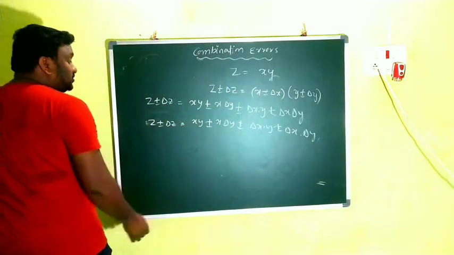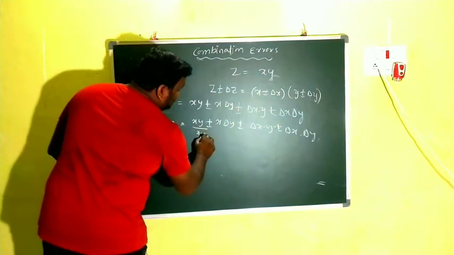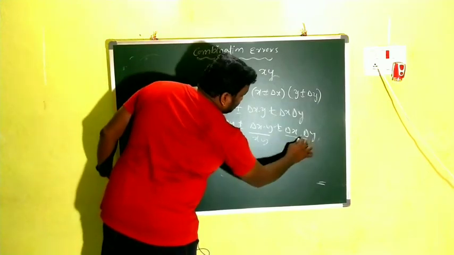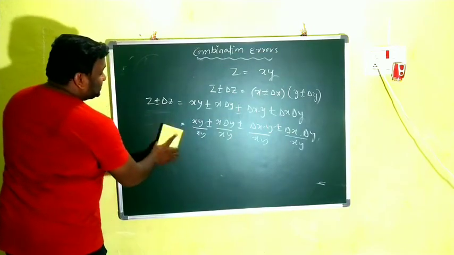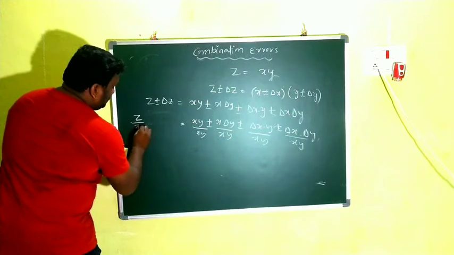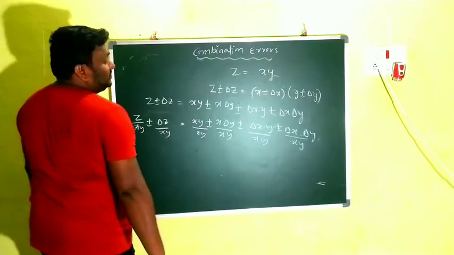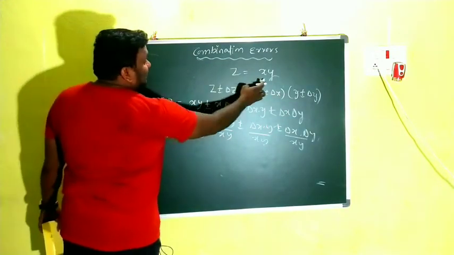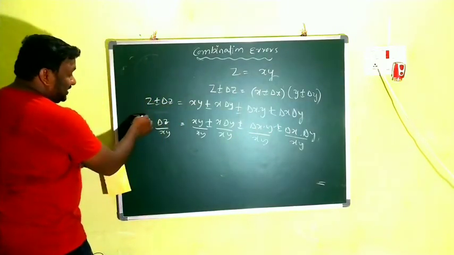Clear? Now on both sides I am dividing by XY, and writing Z by XY plus or minus delta Z by XY. Here Z is equal to XY, so these two cancel.